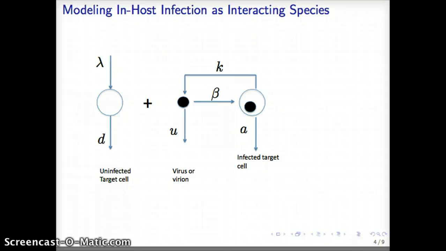Okay, and by ingredients of the model, I mean that first we have a cell that is to be invaded. Here we denote the virion or the piece of virus as a dot. And this addition sign is in the spirit of chemical reactions.